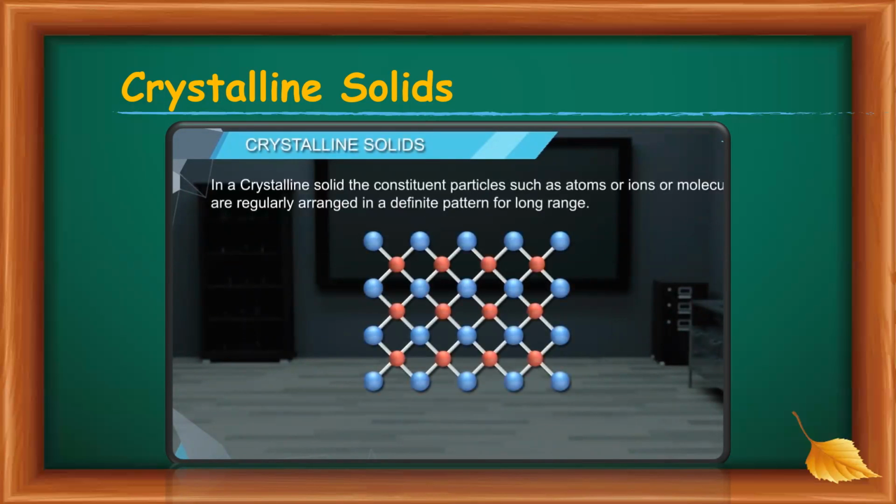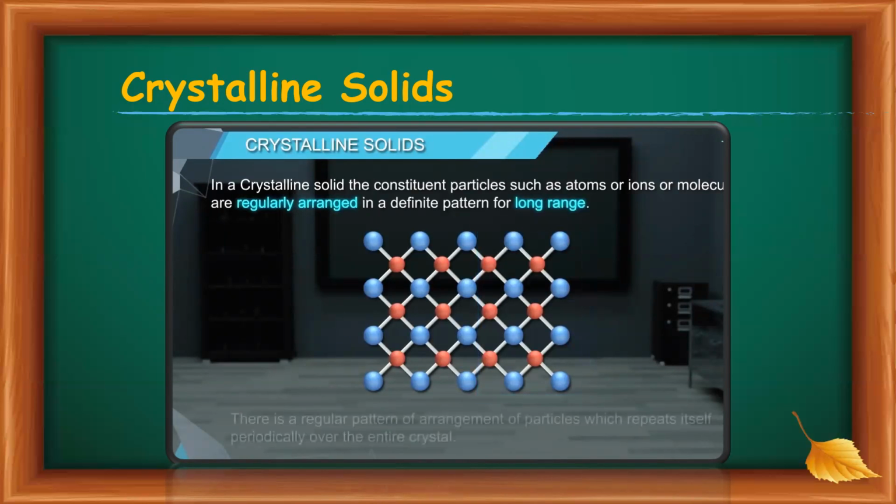In a crystalline solid, the constituent particles such as atoms or ions or molecules are regularly arranged in a definite pattern for a long range. Here, the arrangement is so regular that by just knowing the arrangement at any one site, we can very well predict the arrangement of other sites.